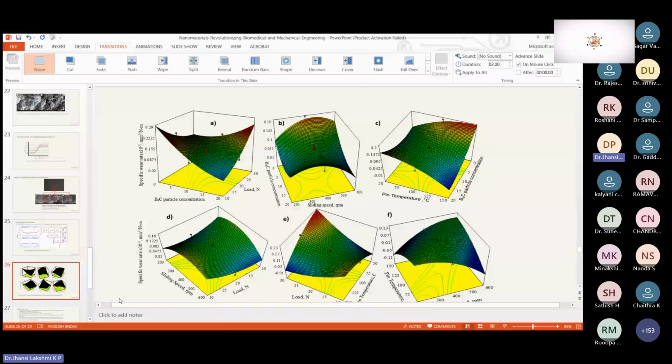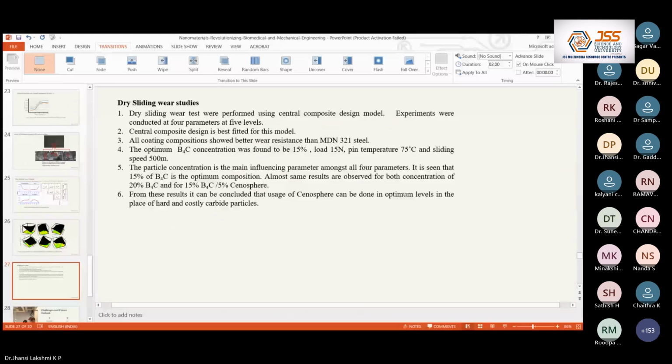From these interaction graphs, it is seen that B4C concentration, that is particle concentration, is the main influencing parameter amongst all 4 parameters. From these studies, it is observed that the nanoparticles used here will improve the wear resistance of the coating.